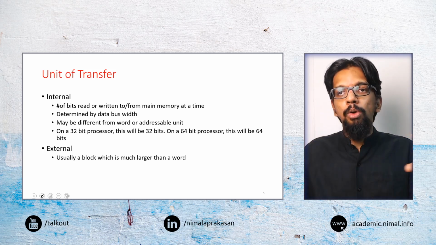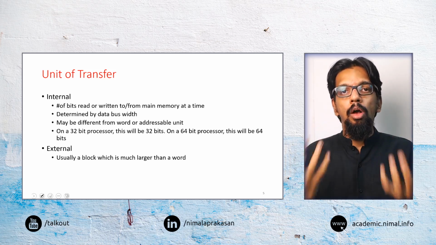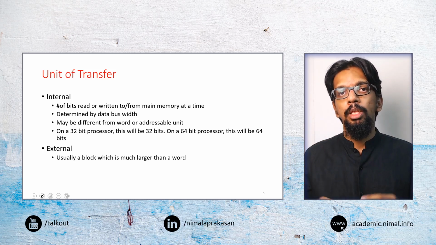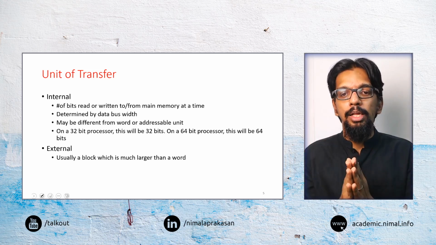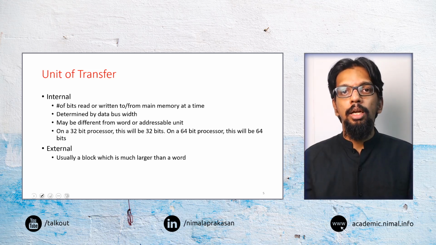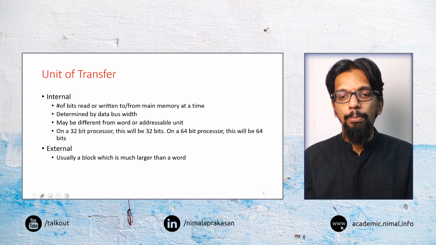And the amount of data that can be read and written would be determined by the bus width of that particular computing system. And we previously identified that bus width is the amount of parallel number of bits that can be transferred in a computing system in that data bus. So the amount of data transfer in internal memory will be determined by the bus width of that particular computer system.